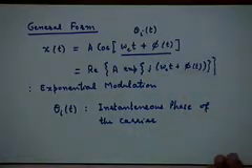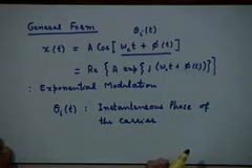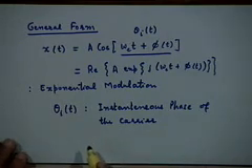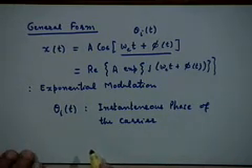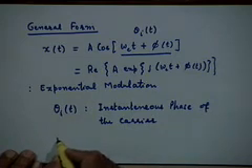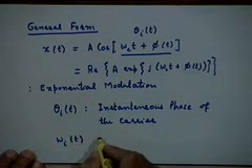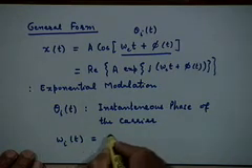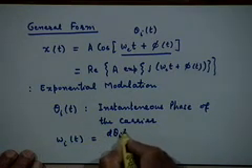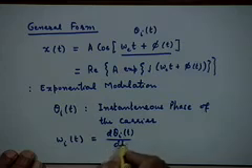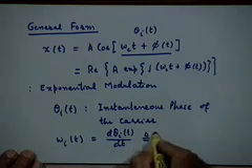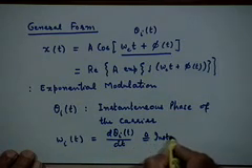The derivative of the phase, this is very elementary, you know it from your school physics, is nothing but the frequency. So I could define a quantity omega sub i, which is equal to d theta i by dt, and that's defined as the instantaneous frequency.